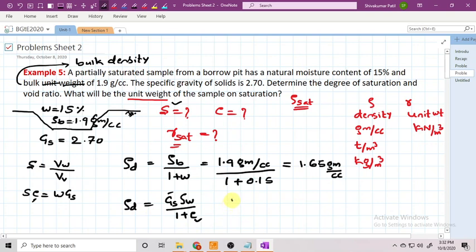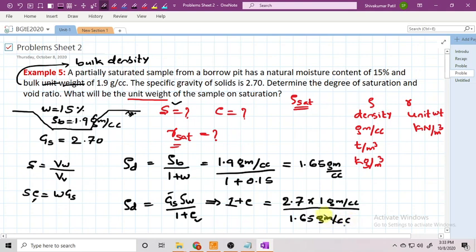So 1 plus E equals GS, which is 2.7, into rho W. Rho W is 1 gram per cc, divided by the dry density, how much did I get? 1.65 gram per cc.